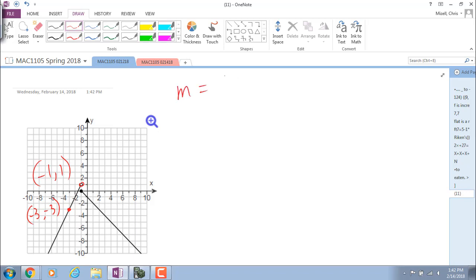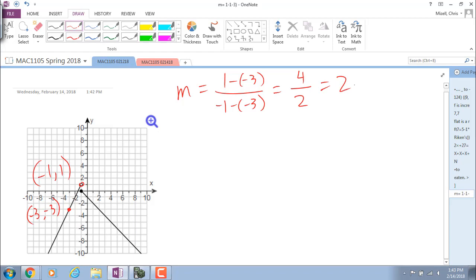We could probably just stare it down and do the rise over run thing, but how about 1 minus -3 over -1 minus -3. Apologize for the redundant use of the number 1 and the number -3 in this example. But difference in the y's divided by the difference in the x's would be 4 over 2, I think. Does the line look like it has a slope of 2? 2 up, 1 to the right. 2 up, 1 to the right. So the slope is 2.